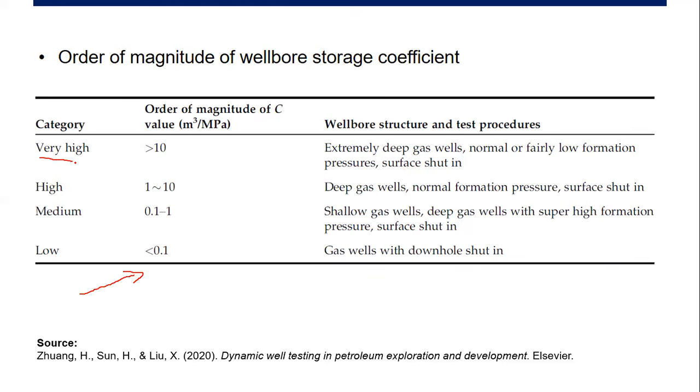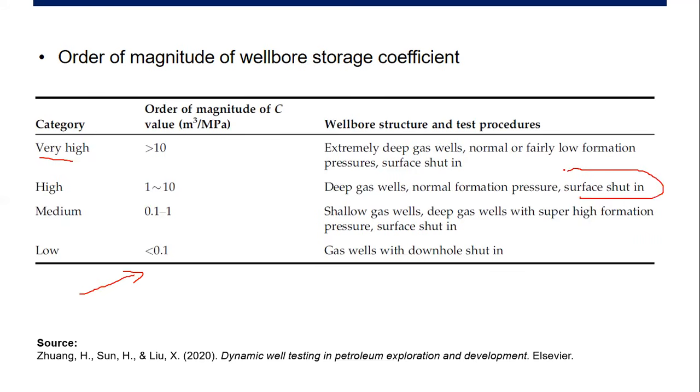And high wellbore storage, if the value is between 1 through 10, again, meter cube per megapascal, and we find it in deep gas wells, wells with normal formation pressure, and again, surface shut-in.